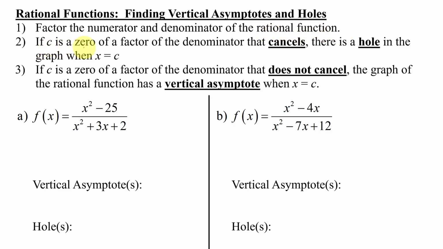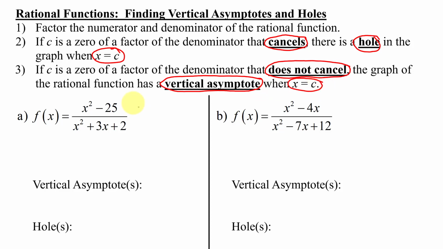Then, if c is a 0 of a factor of the denominator that cancels, then there is a hole in the graph when x equals c. But if c is a 0 of a factor of the denominator that does not cancel, the graph of the rational function has a vertical asymptote when x equals c.